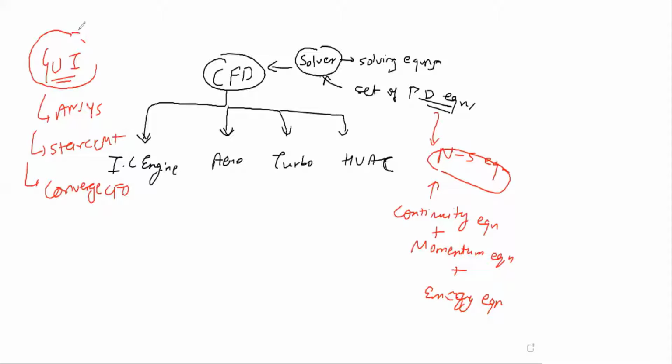When you open that software, you get a graphical user interface where you can set up the case, provide the boundary conditions, input values, and initial conditions, and finally run the case. There are a couple of other software too, like SC Flow, etc.